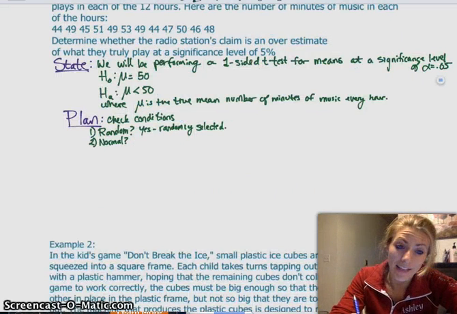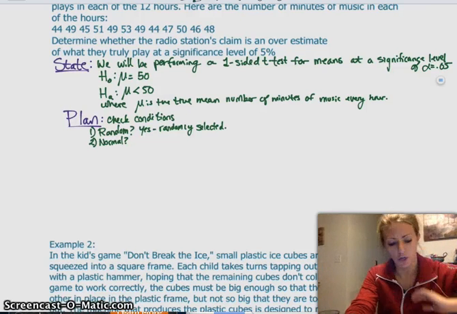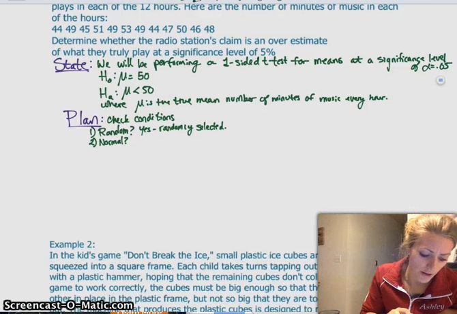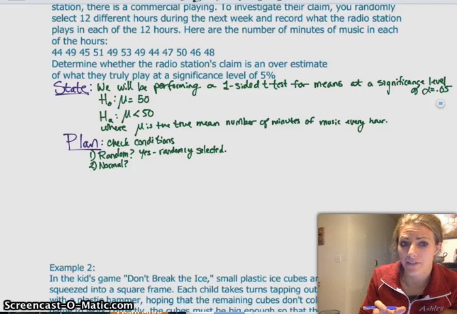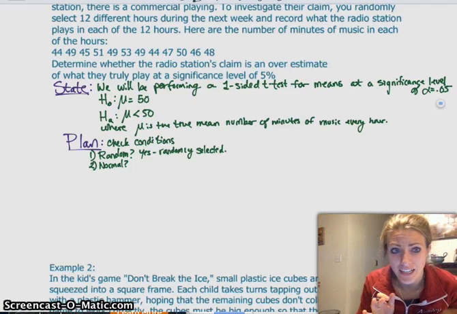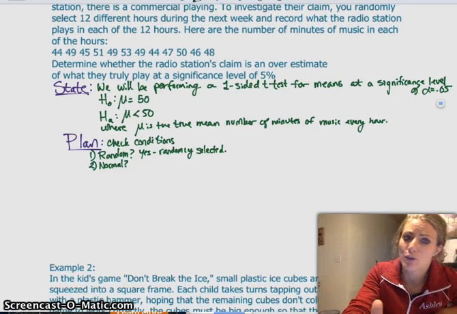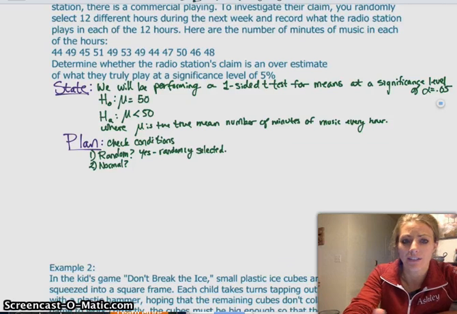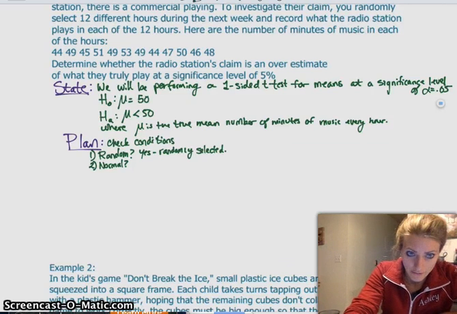Okay, for normality, since we don't know sigma and we have 12 hours, which is less than 15, we really need to graph the data and not have any departures from normality. So no skewness, no outliers, nothing bad or ugly like that. So we need to graph it first.